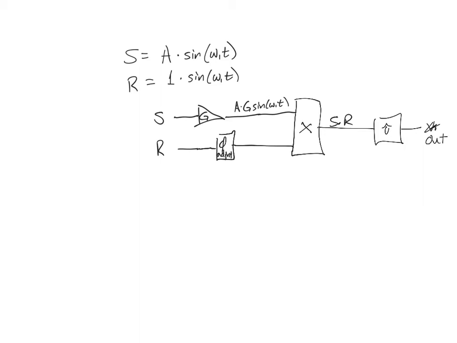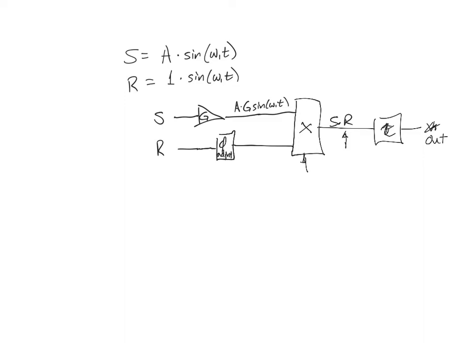So that's what the electronic box is actually going to do. It's going to multiply the signal by some gain, and then multiply that signal times the reference to get to this point right here. This is sometimes called the mixer, and this is the mixer output. And then it's going to take an average over some time scale, which we'll call the time constant tau.